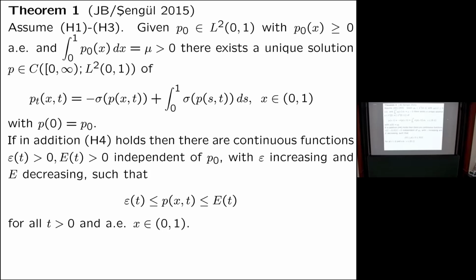And these are universal bounds for any solution, irrespective of the initial data. Epsilon of 0 is minus infinity, e of 0 is plus infinity.